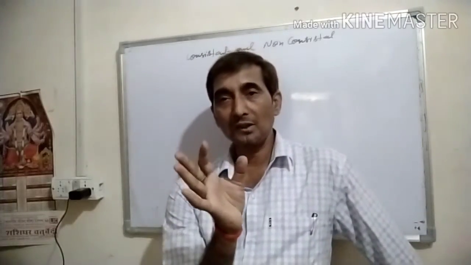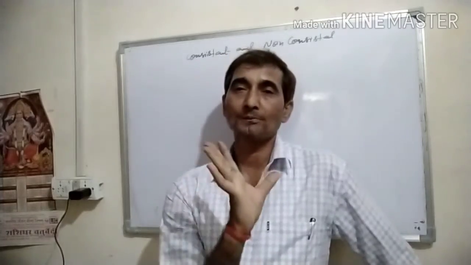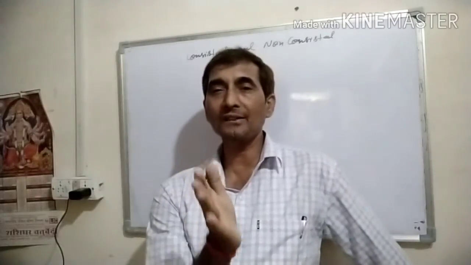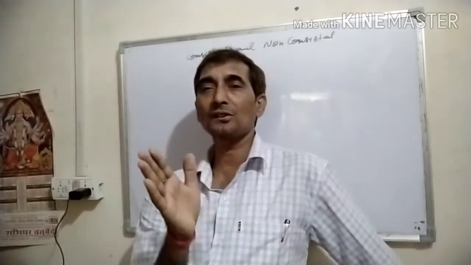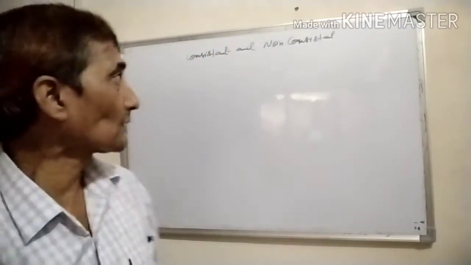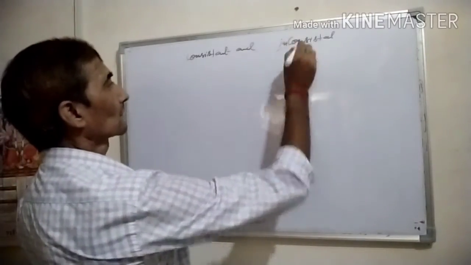Two linear equations which have a solution are called consistent linear equations. One more time: linear equations which have a solution are called consistent, and linear equations which have no solution are called inconsistent.